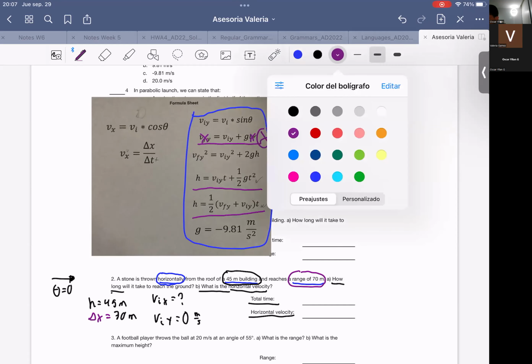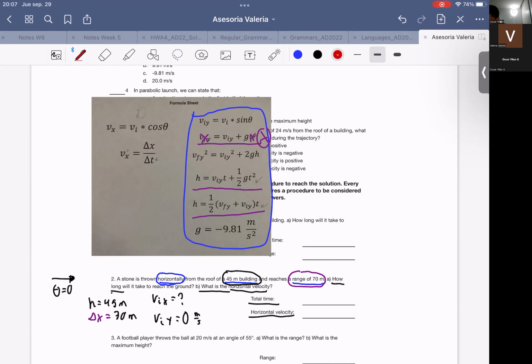Also in the last one, we don't have the final velocity and also the time, so we cannot use this one. But in here we have the initial velocity, the height, and g. The only one that we don't have is the time. So it's one unknown, one equation. So basically we are going to use this one. H, right? It says 45. Yes, perfect.